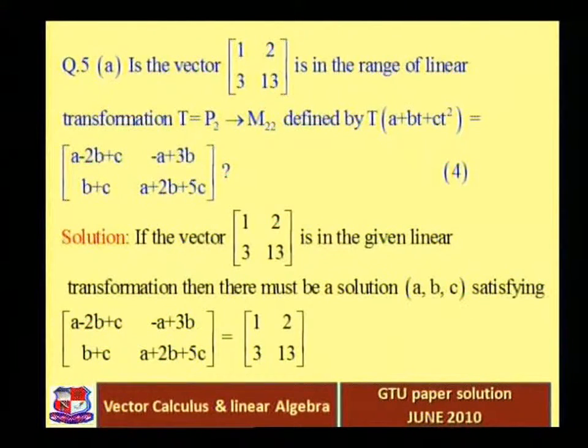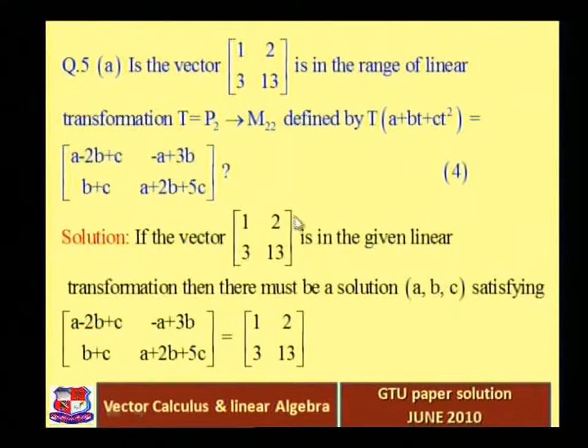But if we cannot find such A, B, C, then this matrix is not in the range of the linear transformation, which is defined from P2 to the set of 2 cross 2 matrices. So let's start.